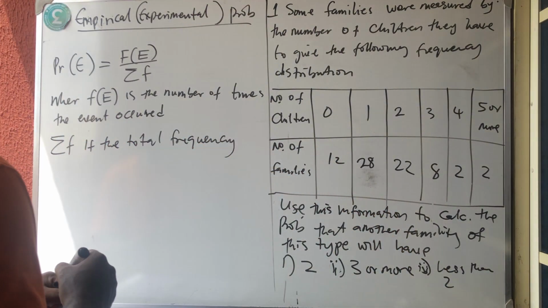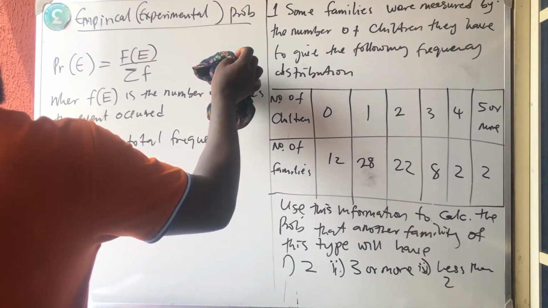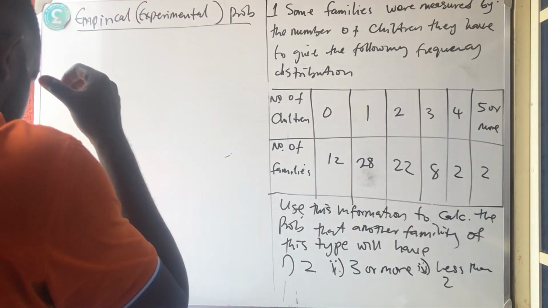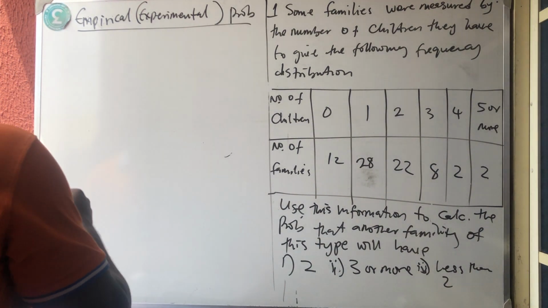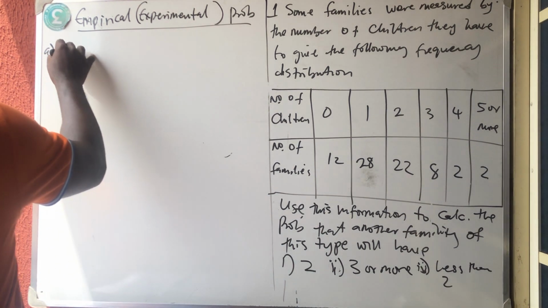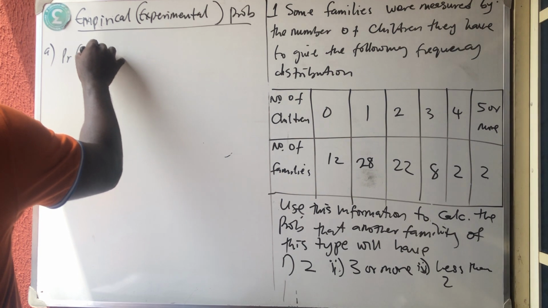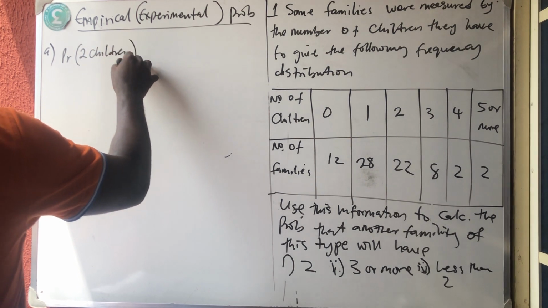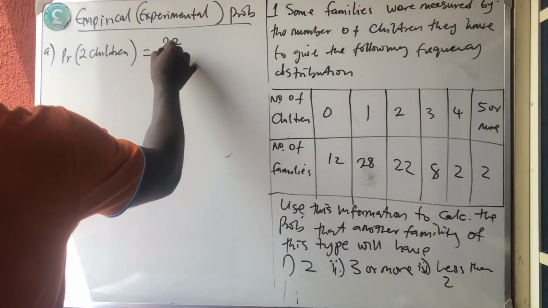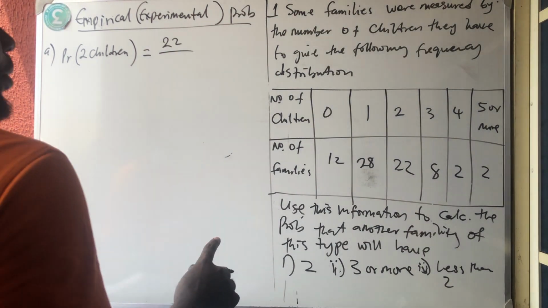Okay, so let's get that. So the probability of 2 children is what? 22 over how many are they?